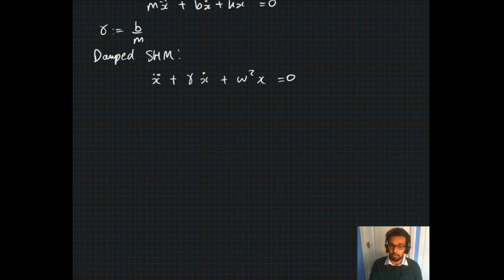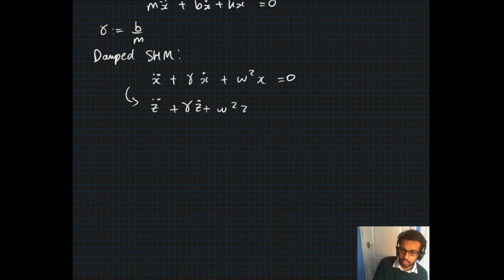Instead, motivated by the complex exponentials that we saw above, let's first swap x for z because we're going to anticipate complex solutions. So we can rewrite this as z double dot plus gamma z dot plus omega squared z equals 0.